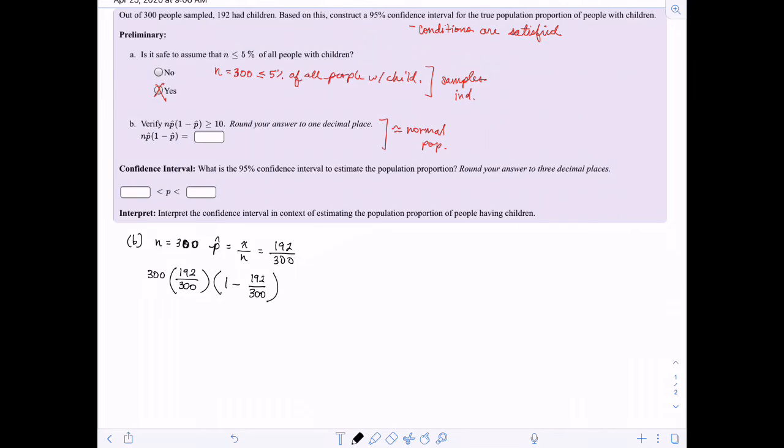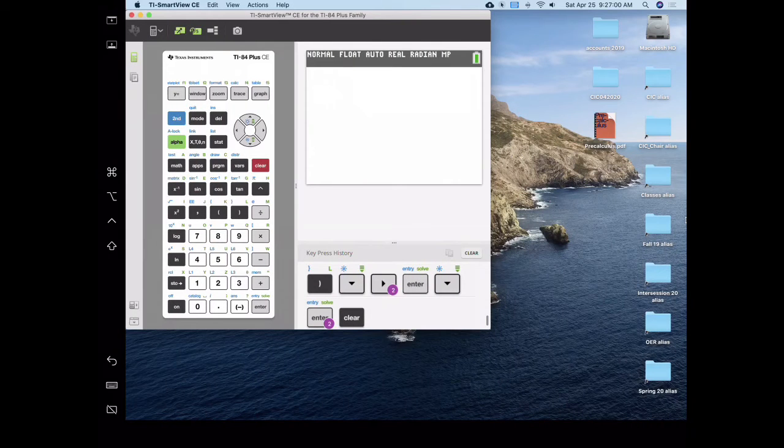Okay, so if we go ahead and put that in our calculator, n is 300 times 192 divided by 300, parenthesis 1 minus 192 over 300.